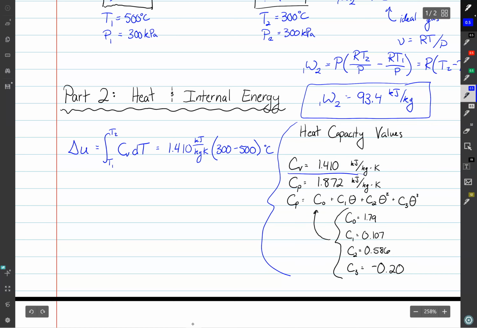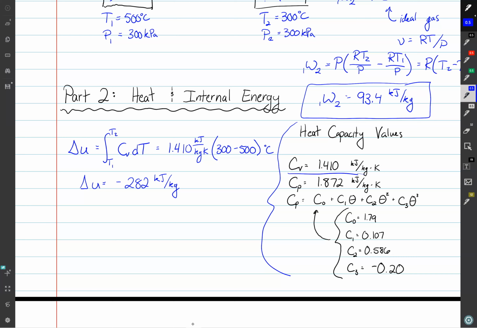That would be degrees C, but because it's a delta, that's also Kelvin. So delta U equals negative 282 kilojoules per kilogram. And we could find Q from that.